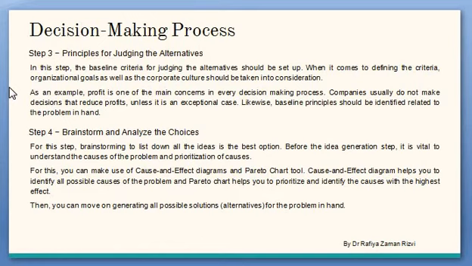So when it comes to defining the criteria, organizational goals as well as the corporate culture should be taken into consideration. Okay, when we are developing the solutions or alternatives, we have to keep in mind what are the objectives that we want to achieve through this decision or through this solution. As an example, profit is one of the main concerns in every decision making process.